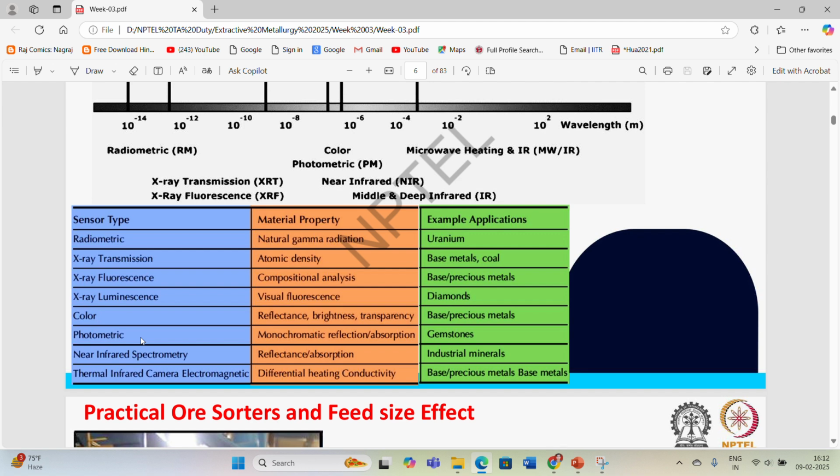Then there are reflectance and absorption properties.